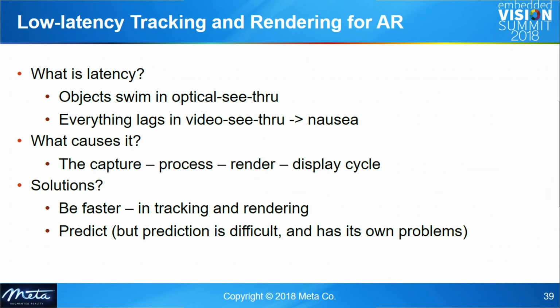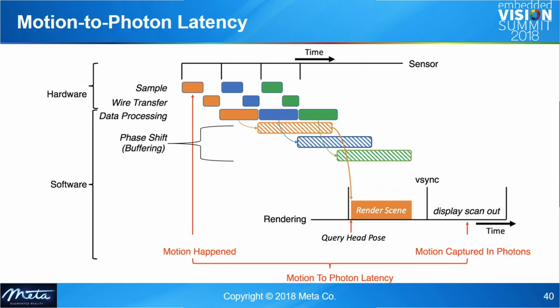Two, predict. So this is actually a pretty detailed diagram of what happens behind the scenes, or why there is latency in AR applications. But what I want you to take home from this diagram is that when motion actually happens here, the content in the AR display is actually visible here.